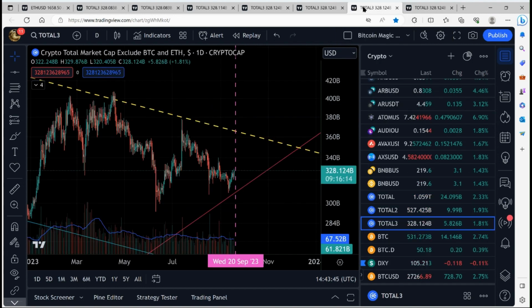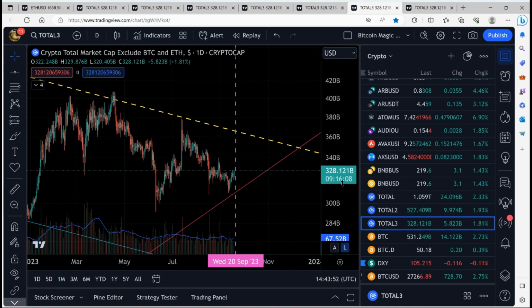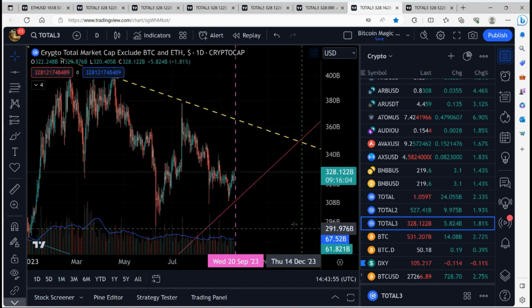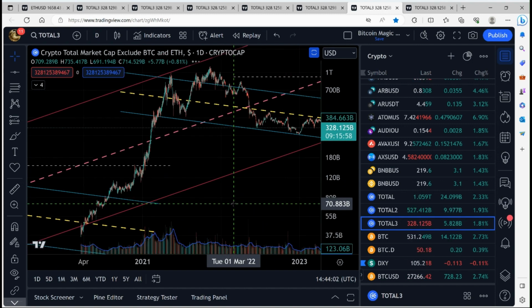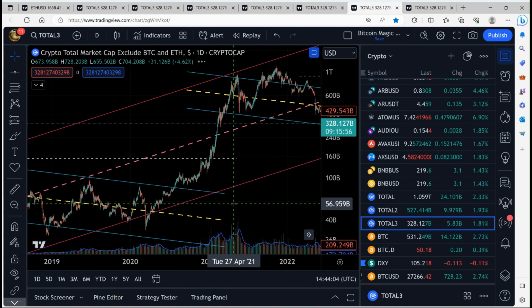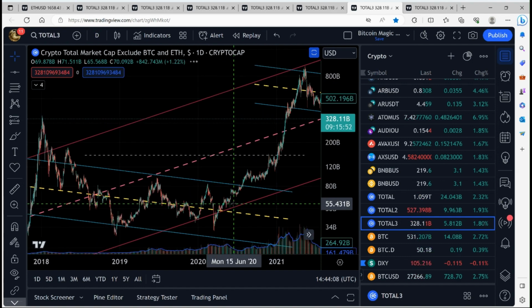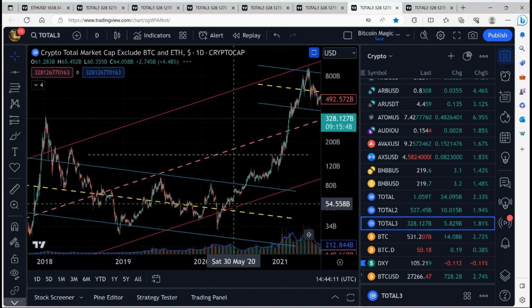Since we're talking about the Total3 right now, I'll go to my Total3 chart. Let me just turn this on. Major view. This is like my Bitcoin long trending parallel channel. I'm on the daily.